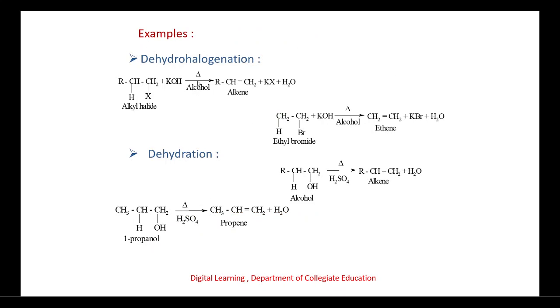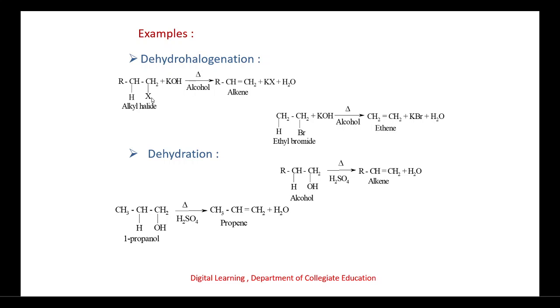Let us take a few examples of the elimination reaction. The first example is dehydrohalogenation. De means removal, so we are removing a hydrogen atom as well as a halogen atom to get an unsaturated product, that is the alkene.